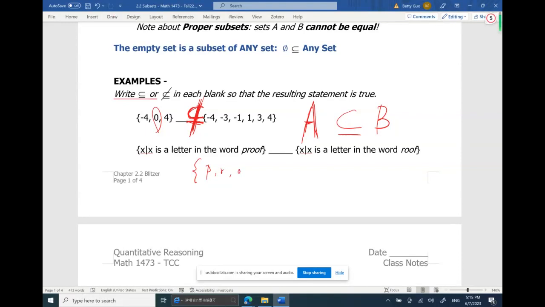So P, R, O, F, that is the set on the left side. And the set on the right side contains all the letters in the word roof. So R, O, F. We should put not a subset. In fact, the set on the right is a subset of the set on the left, the other way around.